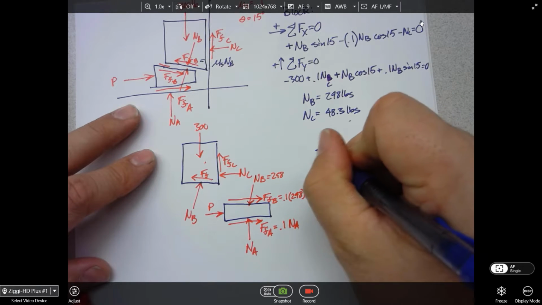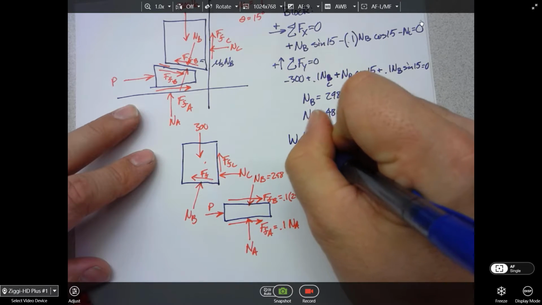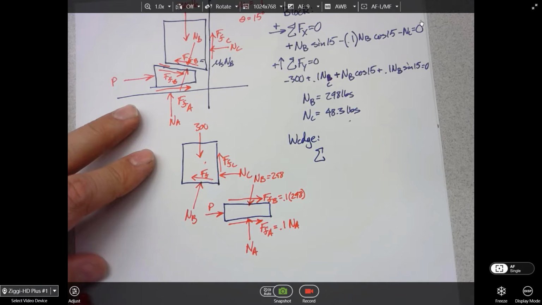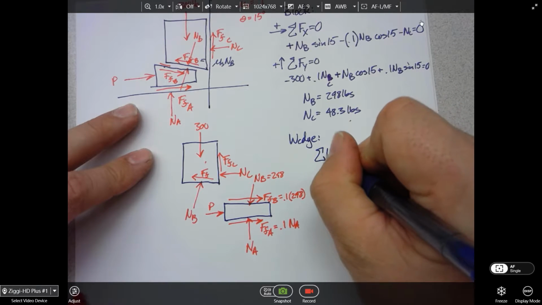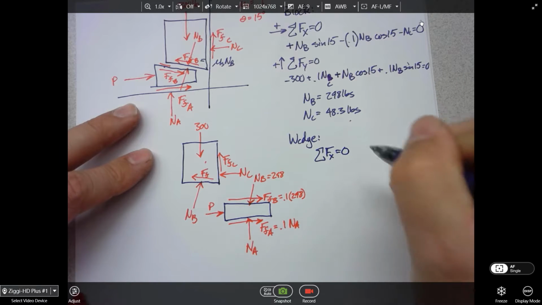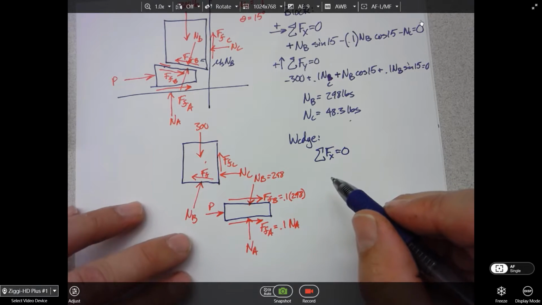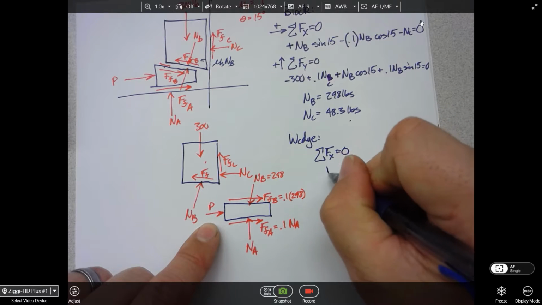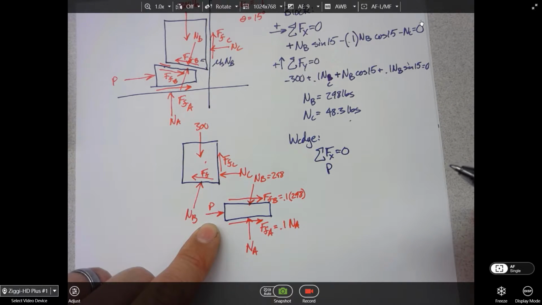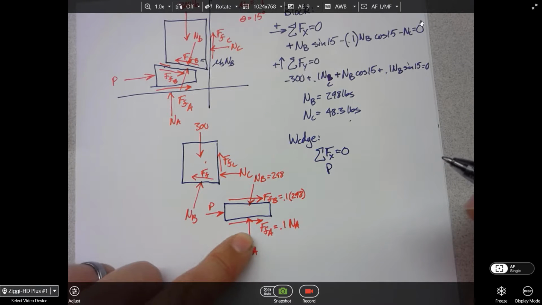So then, for the wedge, I just really love saying that word, wedge. I don't know why. Sum of the forces in the X, I'm going to have P. What else? Both the friction forces.